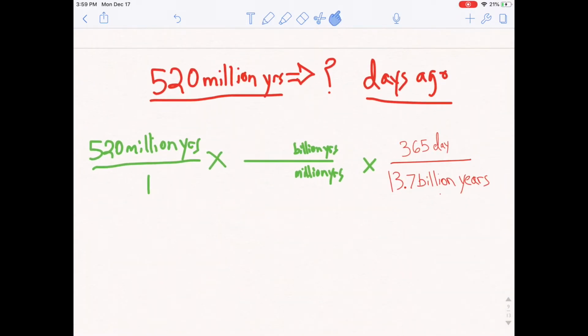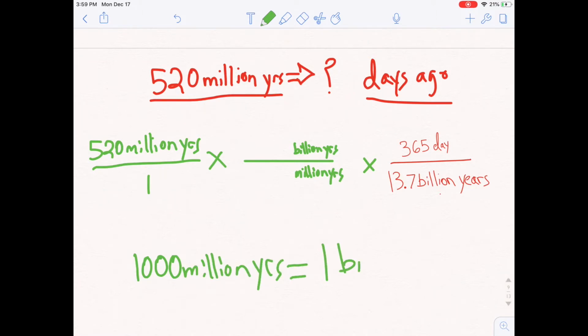But what else do we write? Well, this right here isn't totally complete. We need this to be a fraction that equals 1. And I know that there are 1,000 million years in 1 billion years.